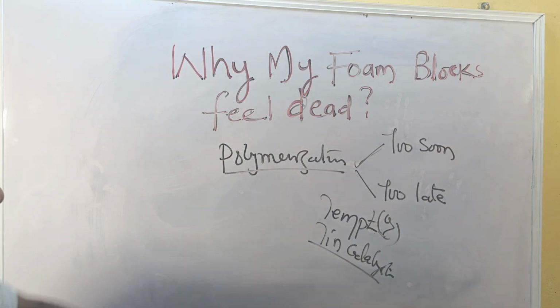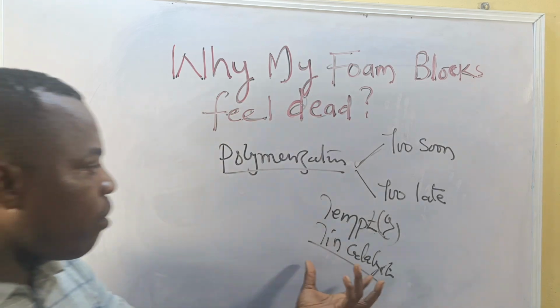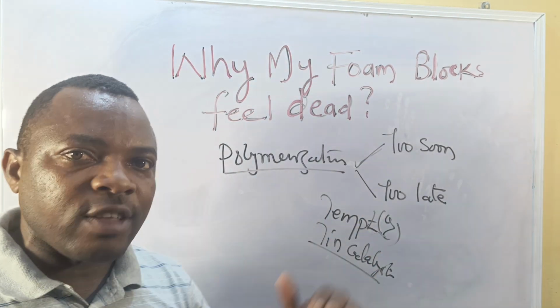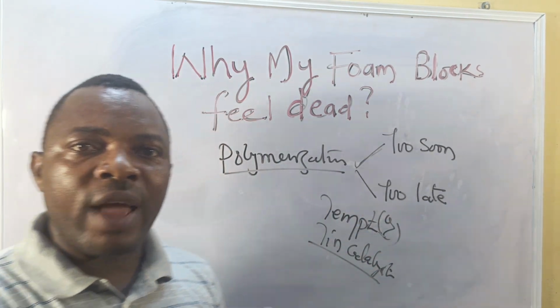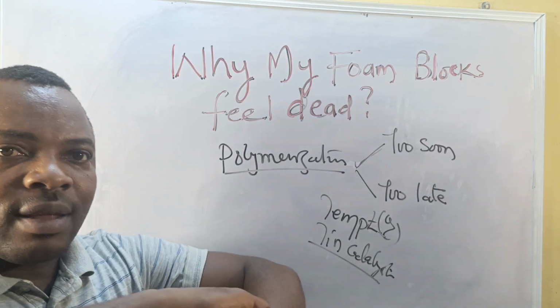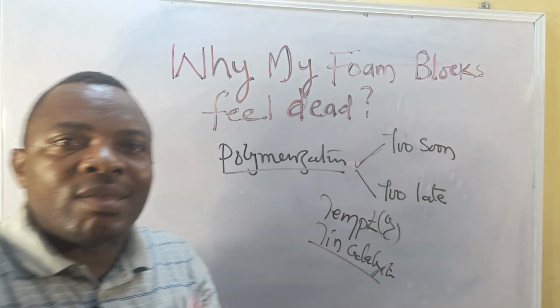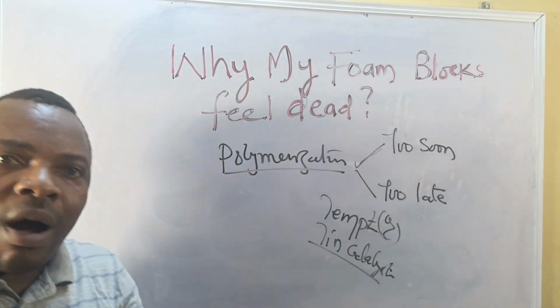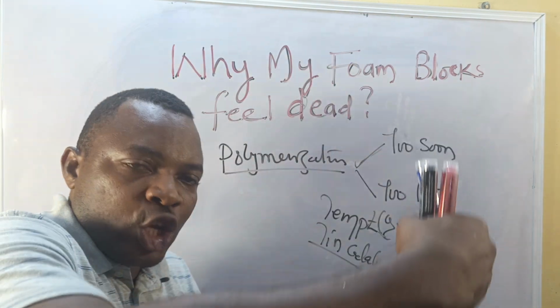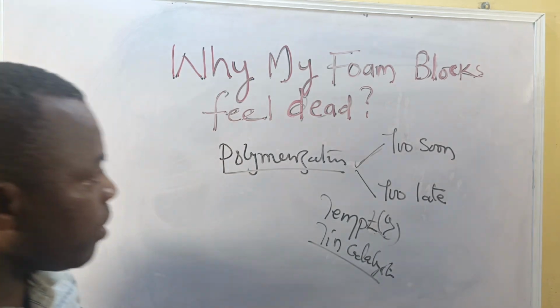Going back to my previous lesson, you see the role tin catalyst plays at the first stage of the reaction, called the polymerization reaction. It acts as a cross-linker, you understand? It is the one that will activate the reaction between TDI and polyol, or allow that poly addition reaction to proceed for the formation of urethane.